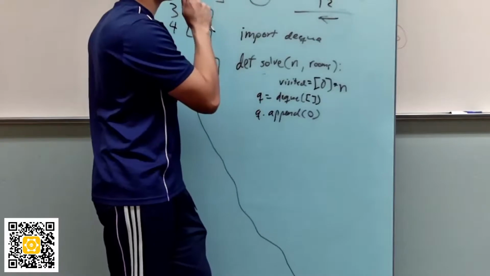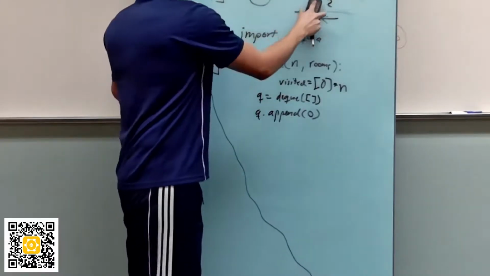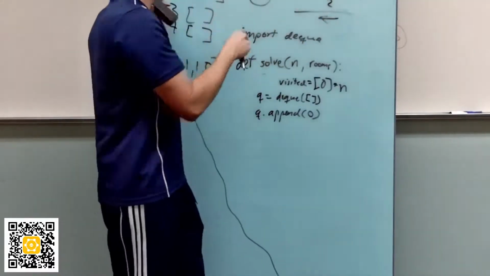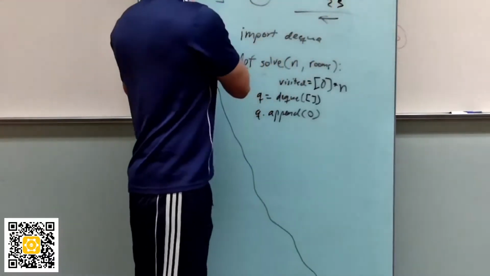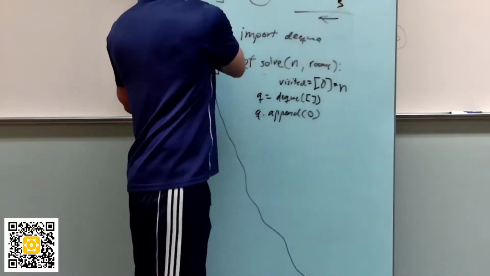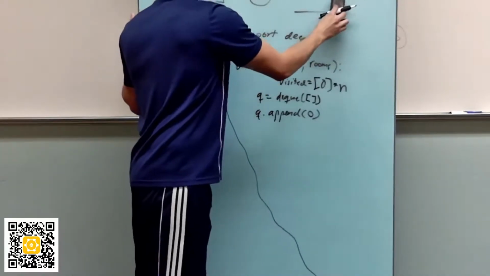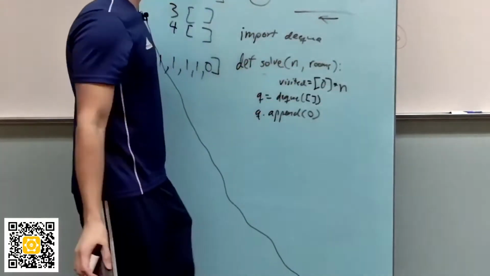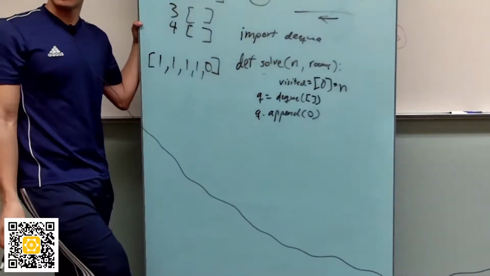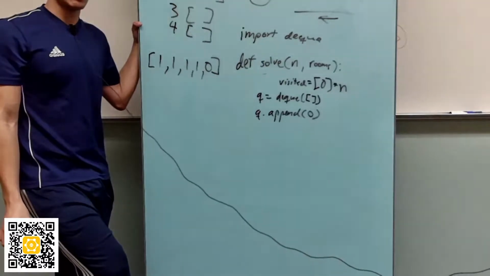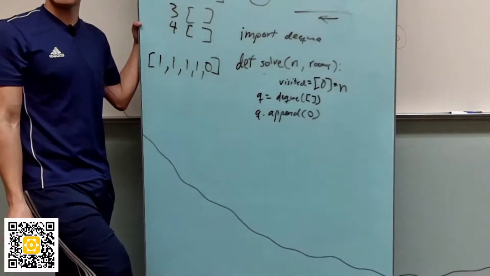The idea is you pop it, go to 2. 2 has 1 that hasn't been visited. That's 3. You pop 2, and then you pop 3 because it has no adjacent. Then the queue is empty. And when the queue is empty, that means you're finished. Does that make sense? Are we finished when the queue is empty?